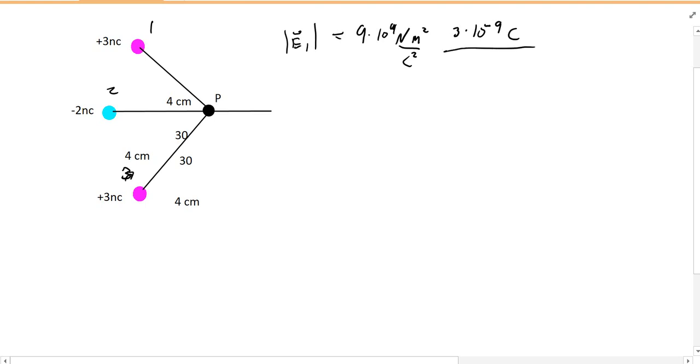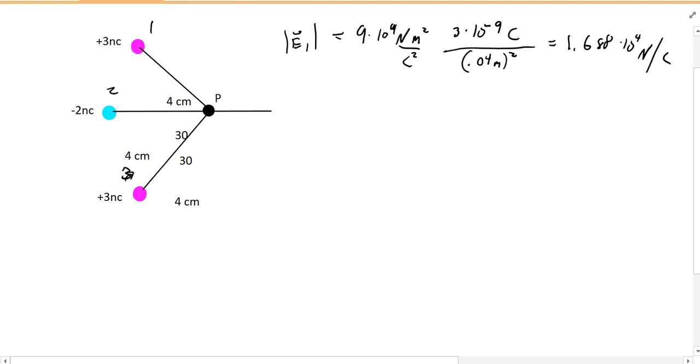And R is 4 centimeters. Again, we need to convert to SI units, so that's 0.04 meters, and we square that. Plug that into your calculator, and you get 1.688 times 10 to the 4 newtons per coulomb.